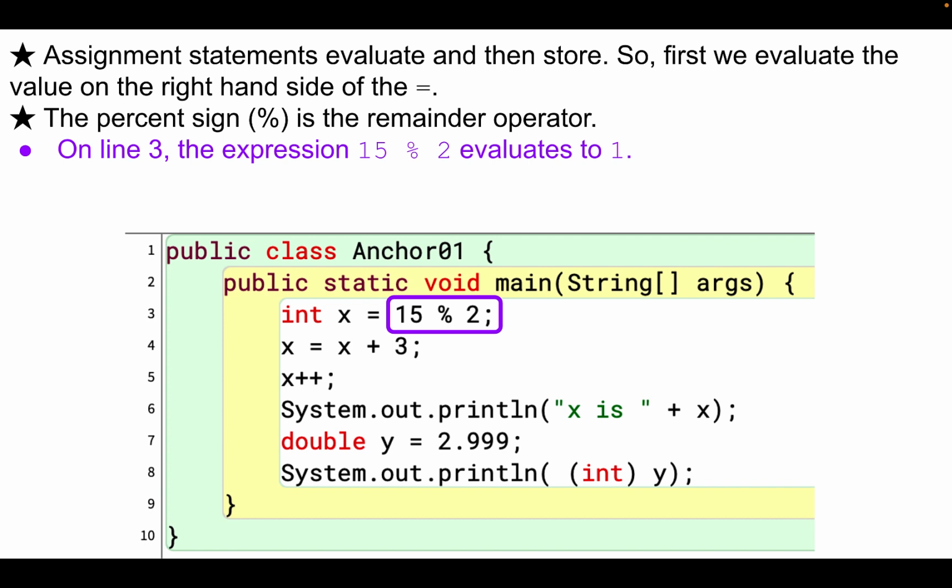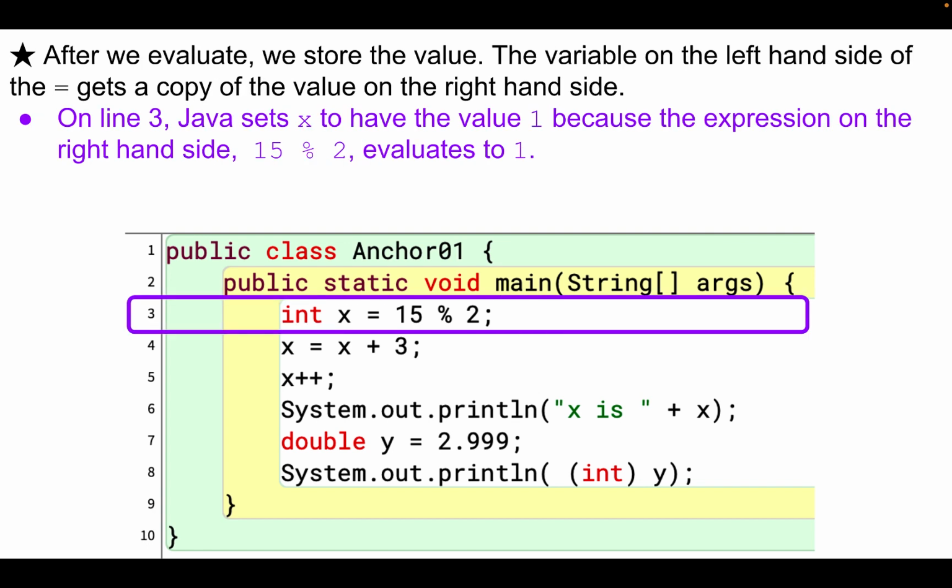On line 3, the expression 15 % 2 evaluates to 1. After we evaluate, we store the value. The variable on the left-hand side of the equals gets a copy of the value on the right-hand side. So in our example, on line 3, Java sets x to have the value 1 because the expression on the right-hand side, 15 % 2, evaluates to 1.